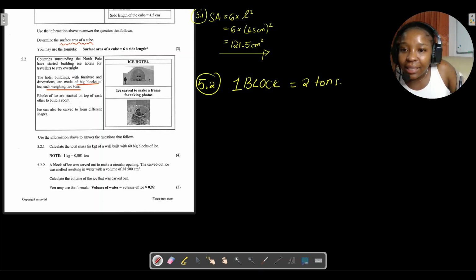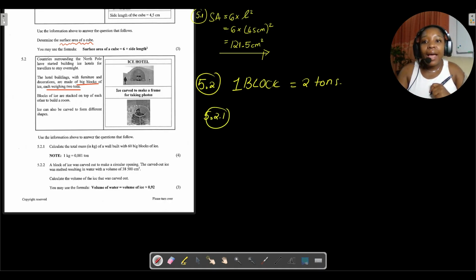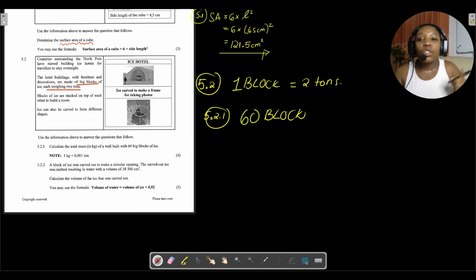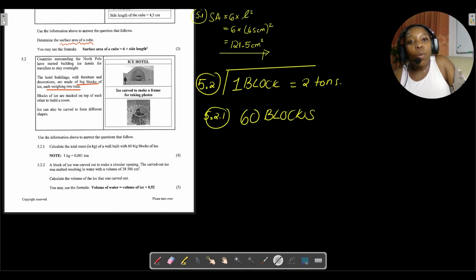Calculate the total mass in kg of a wall built with 60 big blocks of ice. So if a wall is built with 60 big blocks of ice, what is this mass in kgs? We've got 60 blocks and we want to convert this to kg. What do we need to do? Already we were told that one block weighs 2 tons.